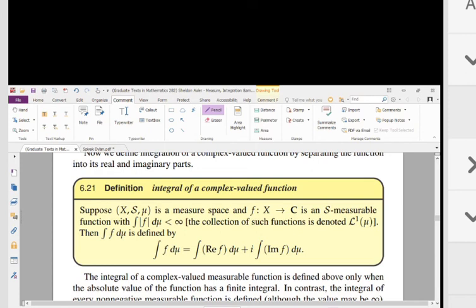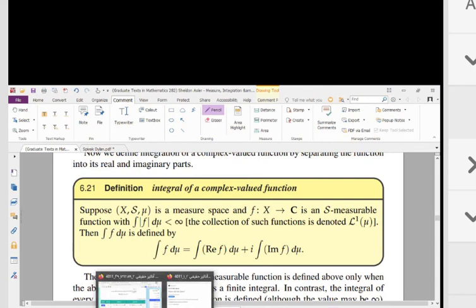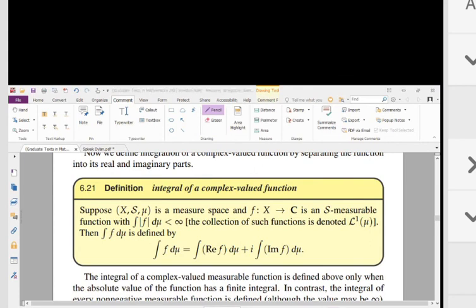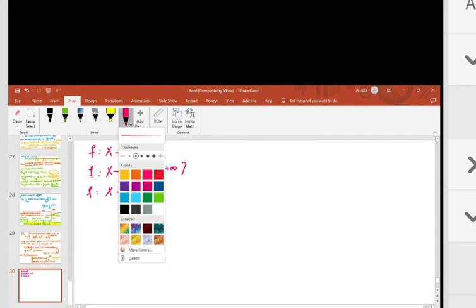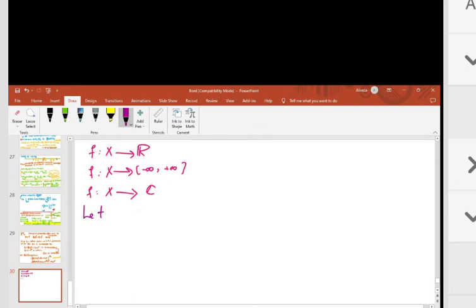So we have two notations and they are very important. Let X with mu be a measure space.